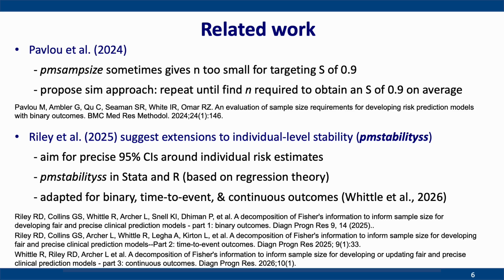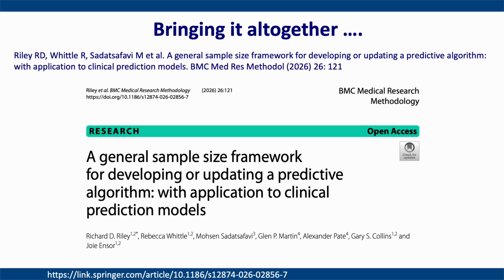The premise has always been for me that those methods tend to be more data hungry and need more data than the minimum for regression, because they tend to allow by default nonlinearity and interactions, some more complexity. So I always thought that pmsampsize still gives a minimum required, but it could be that you need a lot more, and so we needed something else to address that.